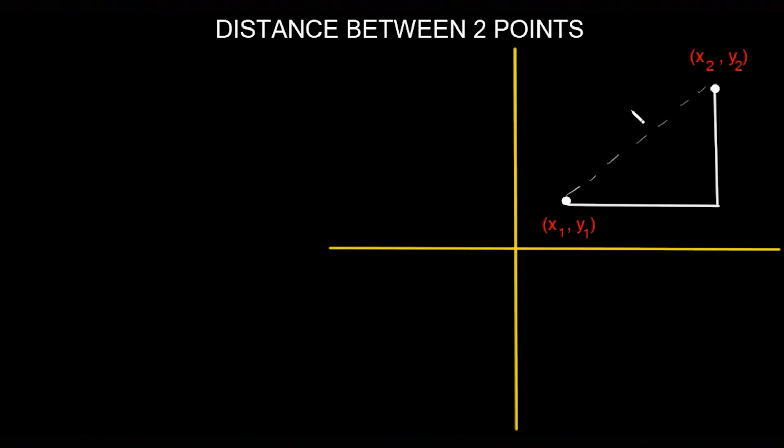So for example, my hypotenuse, I'm going to call d for distance, okay? Now, this length right here, and this length right here, I don't have an actual value, but I can represent it using variables, right? So for example, I know that going from this point right here to this point, I can say that's going to be x2 minus x1, right?